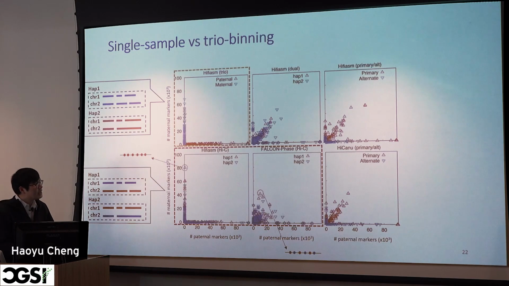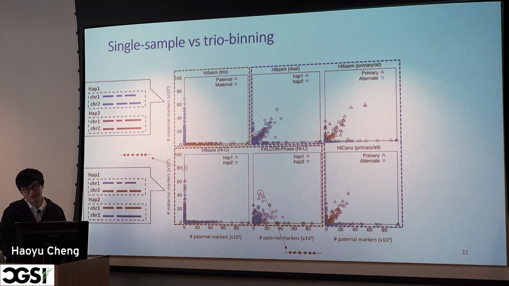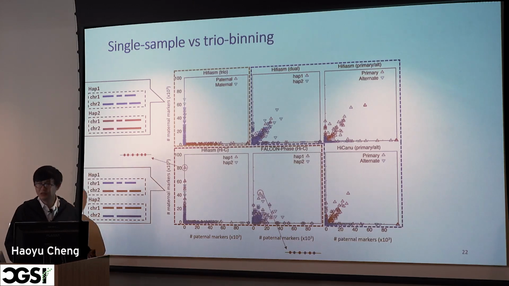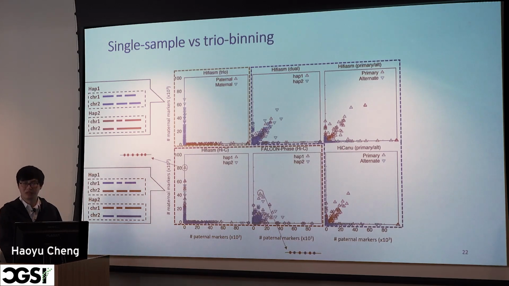So in most cases, if we do not have the parental data, this Hi-C phased assembly could perfectly replace the trio binning result. On the right side, I'm also showing some results for the non-phased assembly. As we expected, there are many dots in the middle, which means they are not haplotype-resolved genome assemblies.